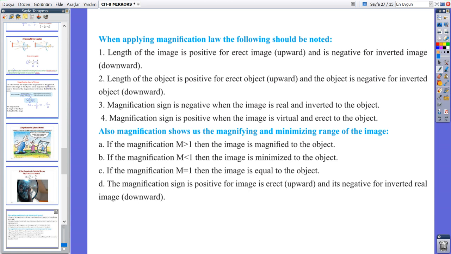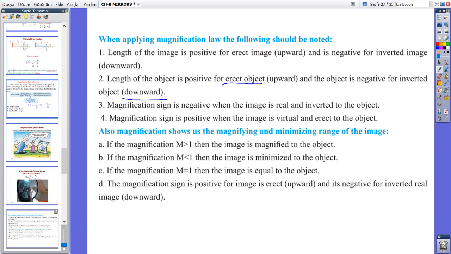It gives the short answer, but when we use the equation, we can find this result. Firstly, the height of the image is positive for an erect image, upward, and negative for an inverted image, downward. Second, the height of the object is positive for erect, meaning upward, and negative for inverted, downward.